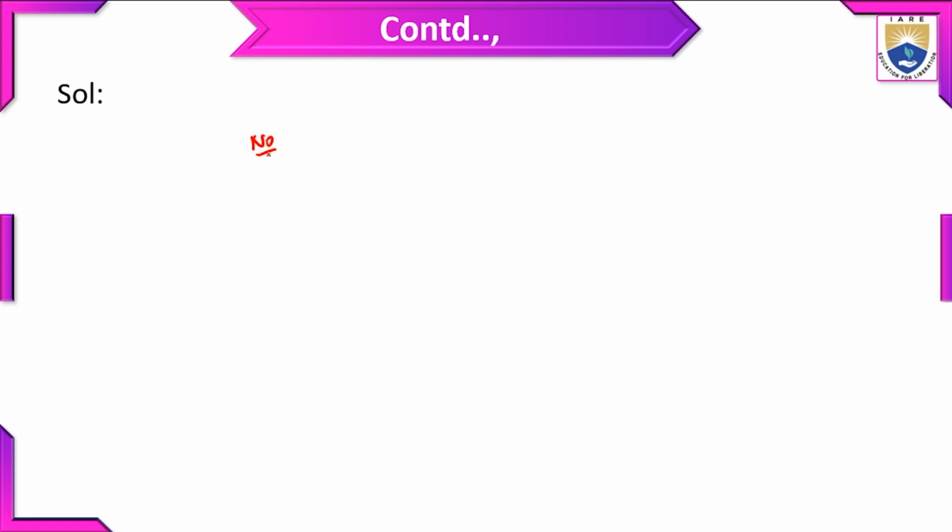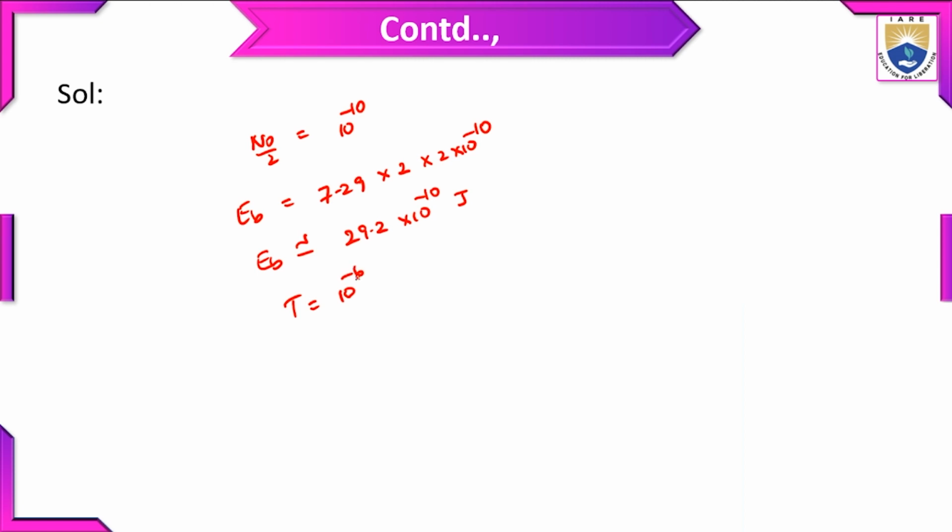So N0 by 2 is given as 10 to the power of minus 10 watts per hertz. So energy per bit is equal to 7.29 into 2 into 10 power of minus 10. So approximately it is equal to 29.2 into 10 to the power of minus 10 joules. So this is the energy per bit. They gave the data rate as 10 power 6, so the bit duration is equal to 10 to the power of minus 6 seconds.